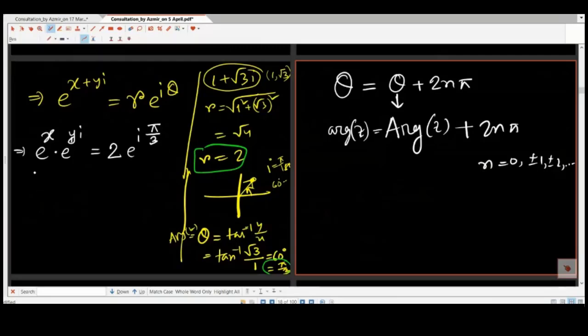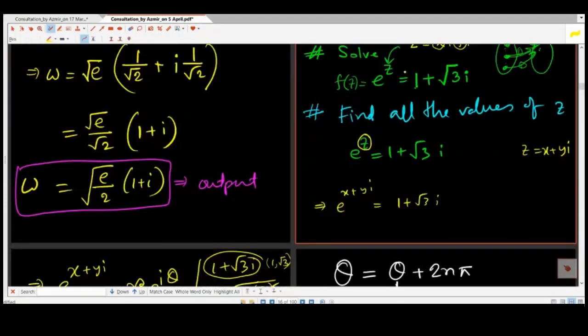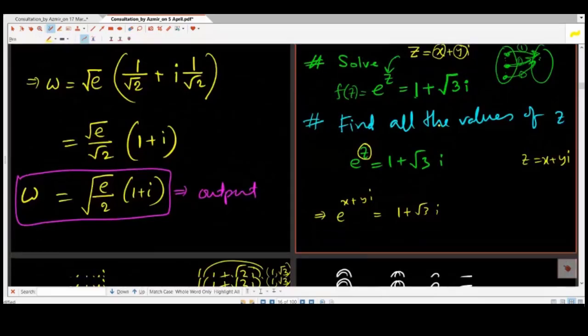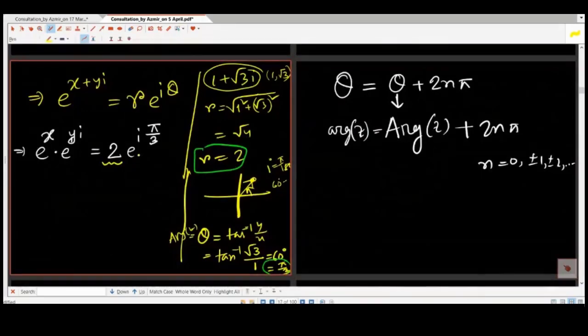So here we have this equation. So from this we need to find x and y first, then we can construct z. That means we can find the values of z. So here this part is the modulus and this part is the argument.